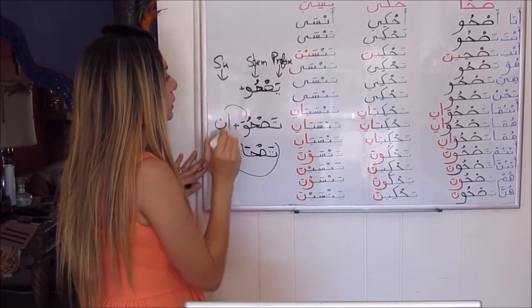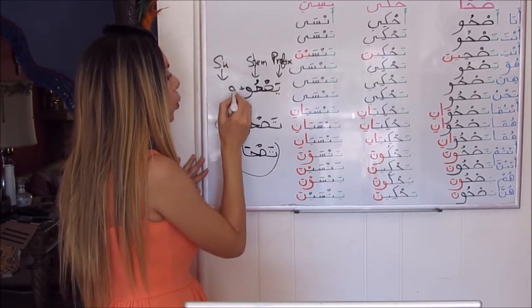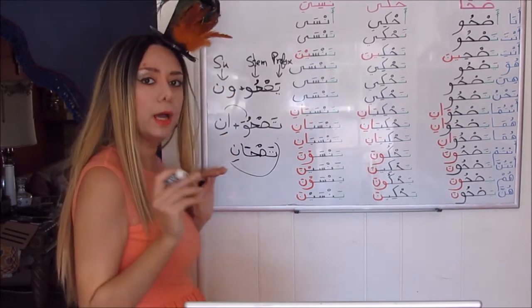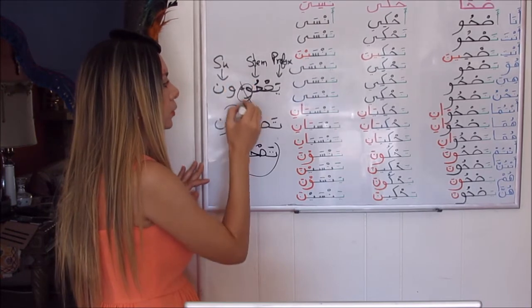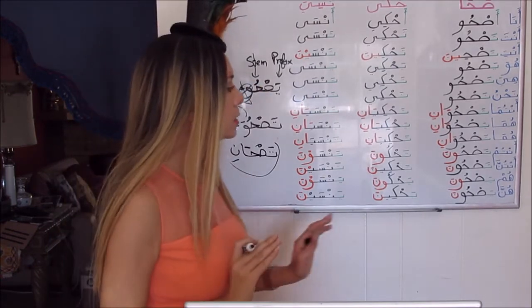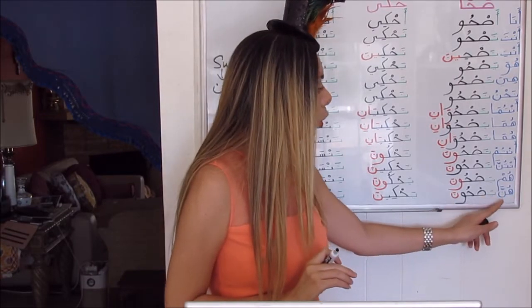So the suffix here is una. So we have two waws, yashuna. This is redundant. So we get rid of this and we have just yashuna.